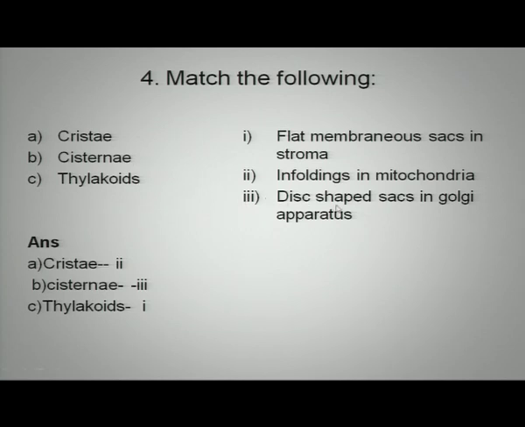They are the disc shaped sacs present in the Golgi apparatus. Now, the third one, thylakoids. Thylakoids are present in the chloroplast. So, they are the flat membranous sacs that are seen in the stroma.